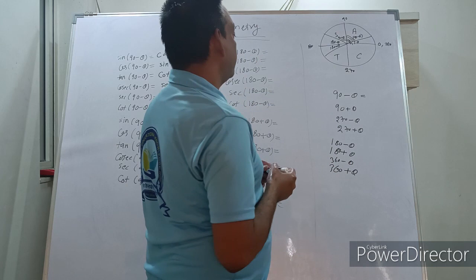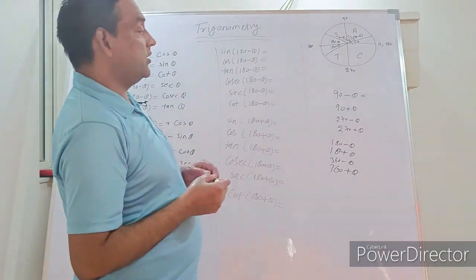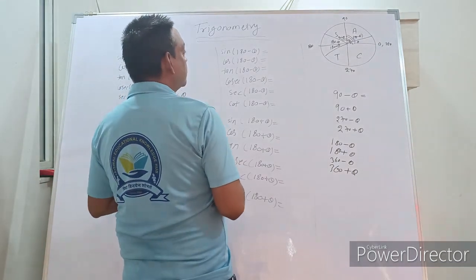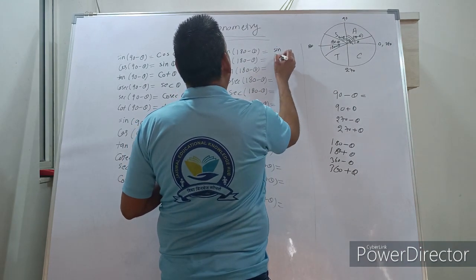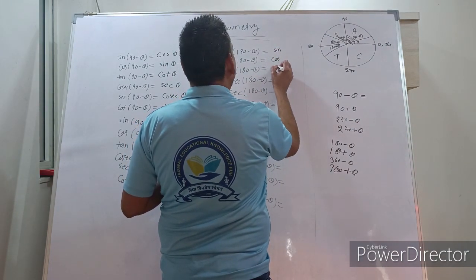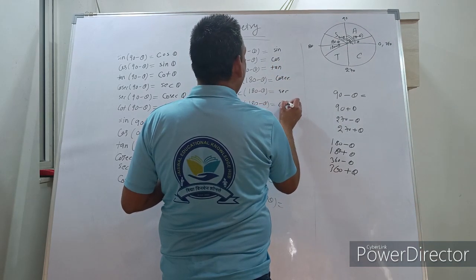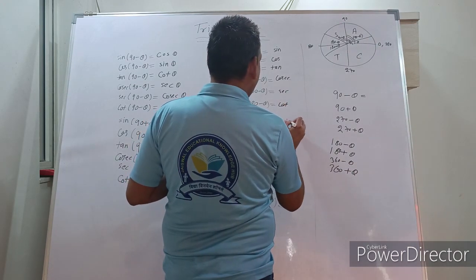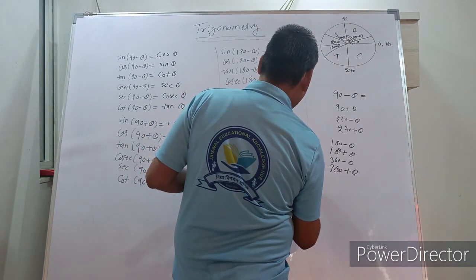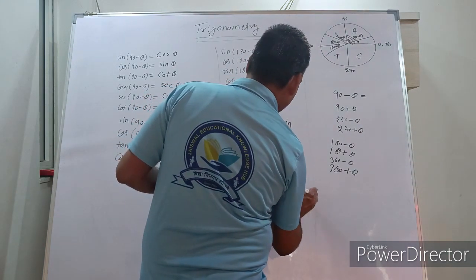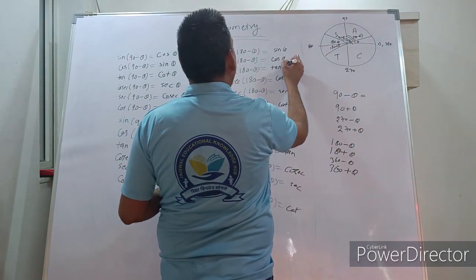So first of all, whenever it is 180 minus, 180 plus, 360 minus, 360 plus, we just have to check the sign, meaning the trigonometric part will remain as it is. Sine is sine only, cos, tan, cosec, sec, cot. Same way here also. Again all this will be theta.